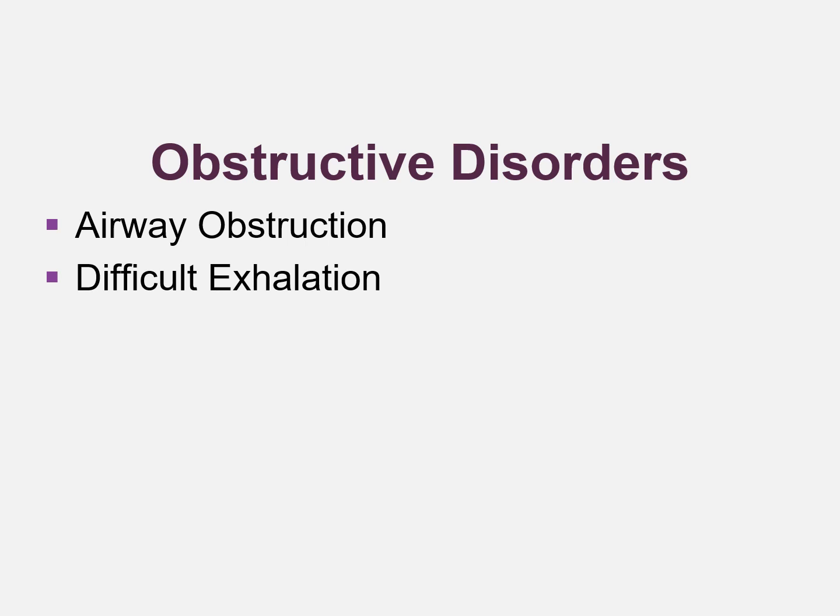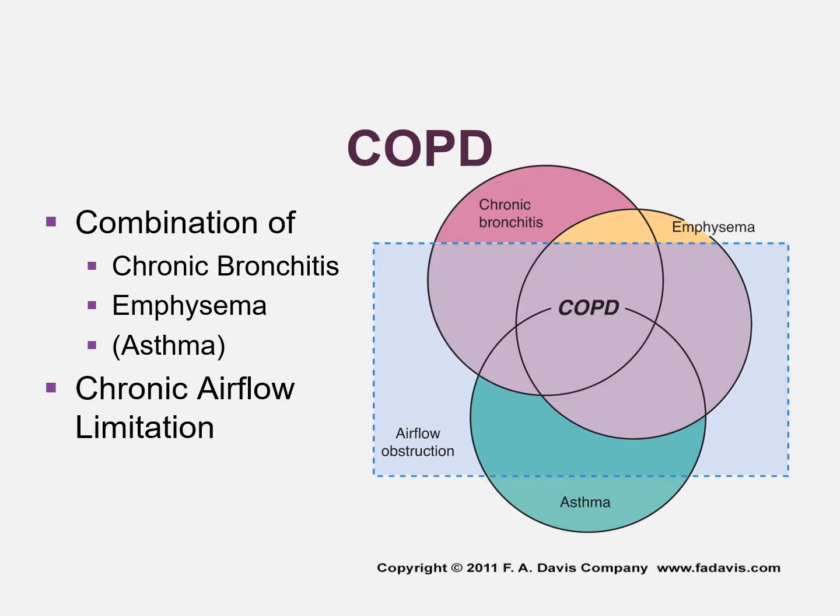Obstructive disorders such as airway obstruction cause difficulty in exhalation for these patients. This might be like COPD or emphysema. So these patients have a combination of chronic bronchitis, emphysema, asthma, and they have a chronic issue with airflow limitation, meaning that they're not able to get all of the air out, and that causes that hyperinflation of the lungs we talked about.